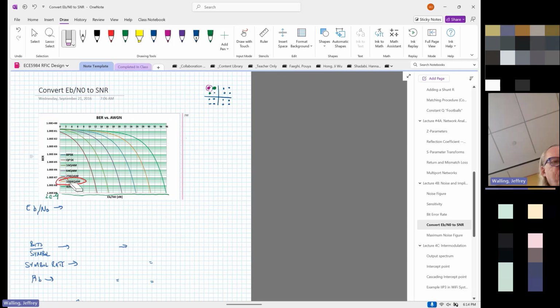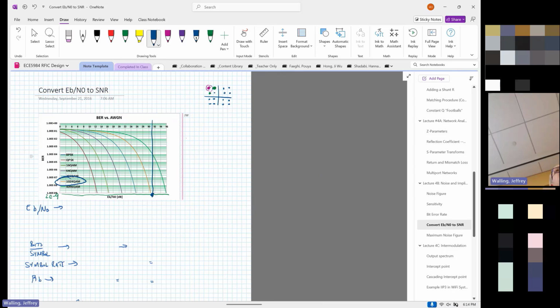Oh, and red, green is a terrible color choice. I always forget. So 1024 QAM, that one right there. What this is telling us is we're looking at this curve and we need to find the point where it intersects with our required bit error rate, and that's going to tell us what our SNR is.